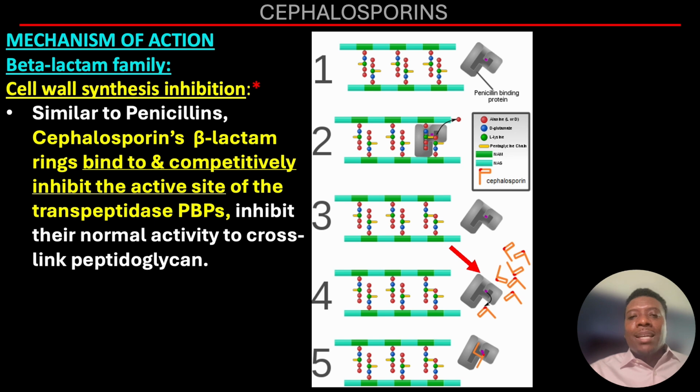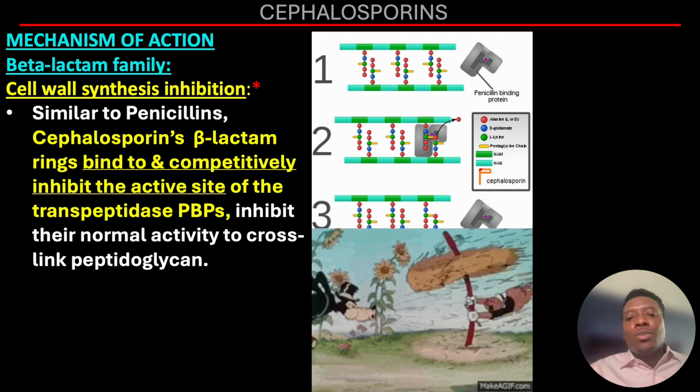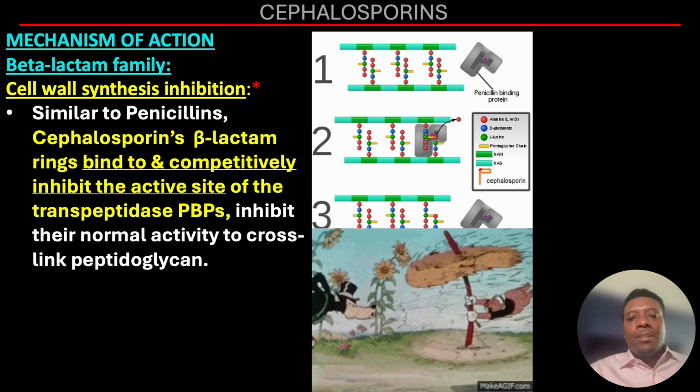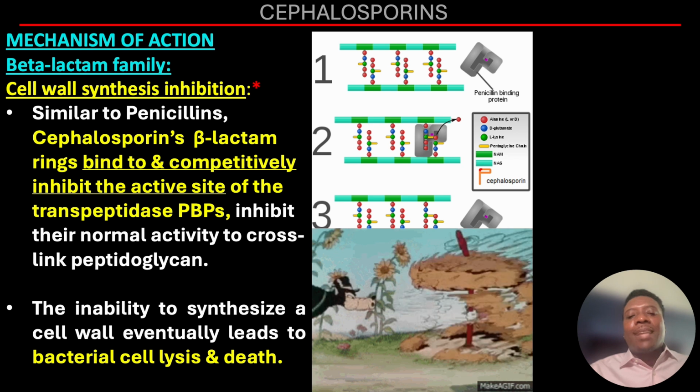And by doing that, it disrupts the cell wall integrity. Think of it almost like the big bad wolf that will blow down the house. So what happens with the penicillin is that it inhibits that active site. And if you inhibit that active site, you get cell lysis and cell death.